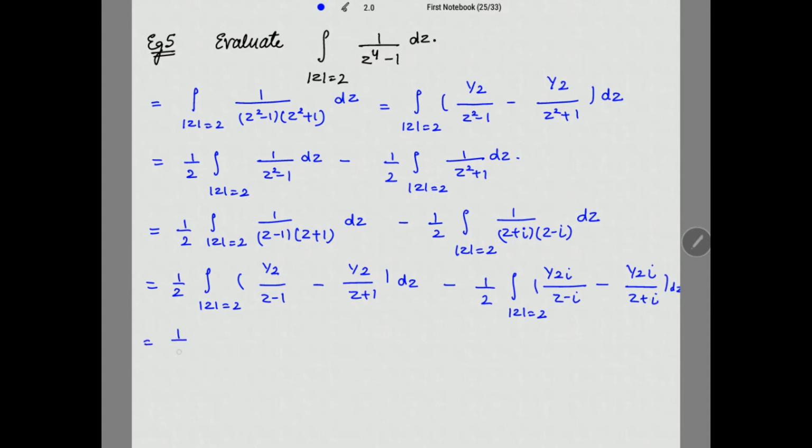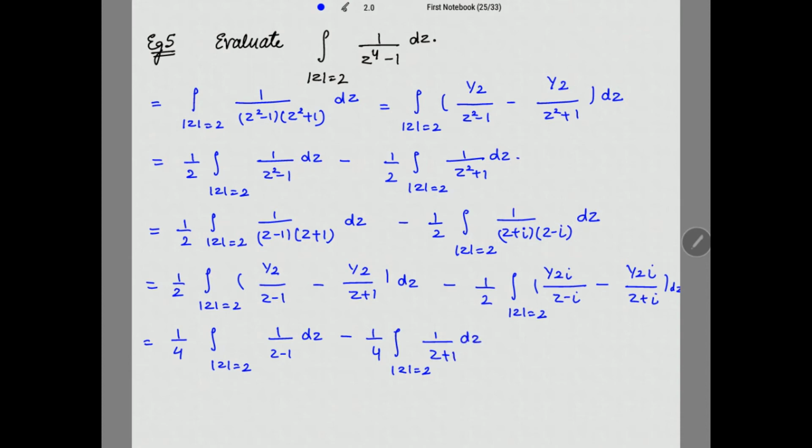Just taking 1 by 2 common, 1 by 4 integral mod z equal to 2 of 1 over z minus 1 dz, minus 1 by 4 integral mod z equal to 2 of 1 over z plus 1 dz.